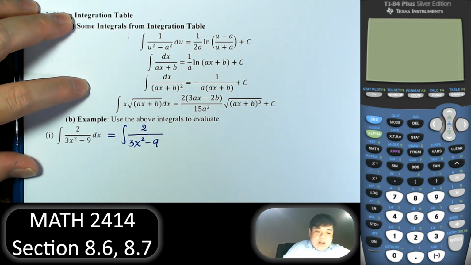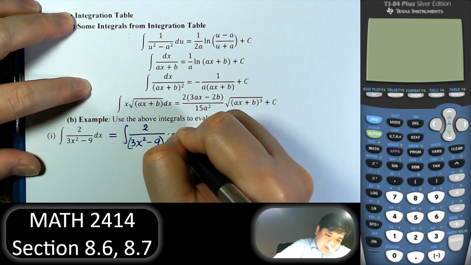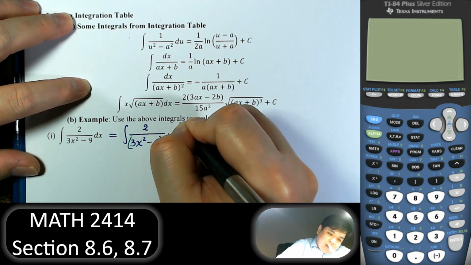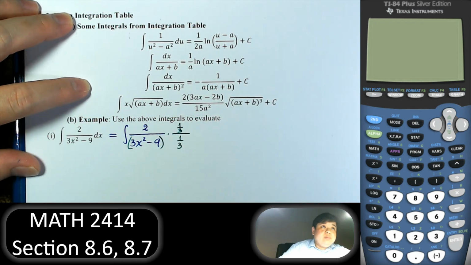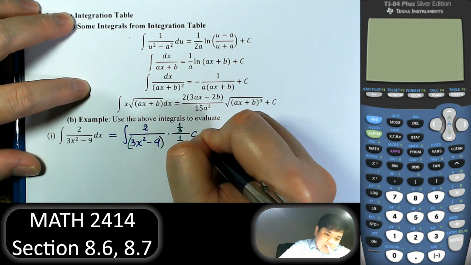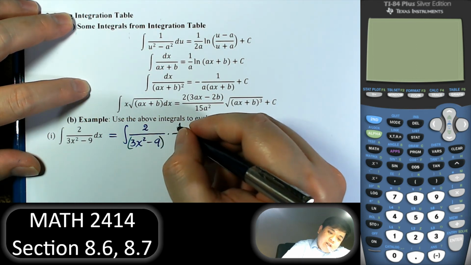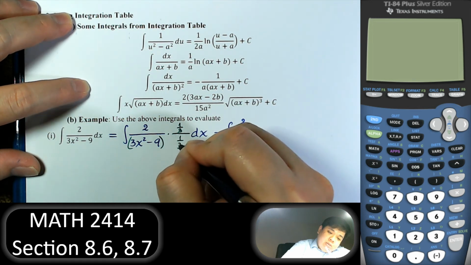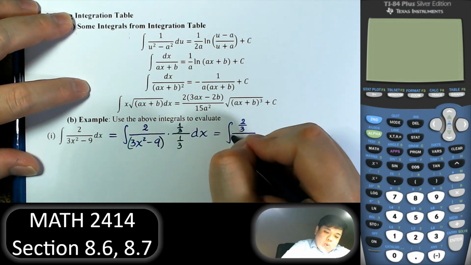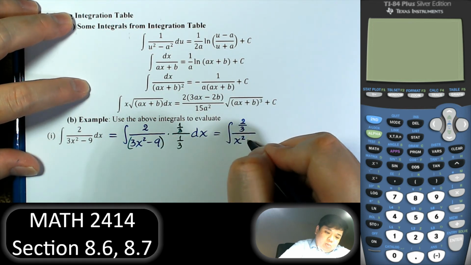If I want to get rid of the 3, I have to divide by 3 on top and divide by 3 at the bottom. So 2 times 1/3 on the top is 2 over 3. The bottom: 1/3 times 3x squared will be x squared, and 9 times 1/3 is 3, dx.